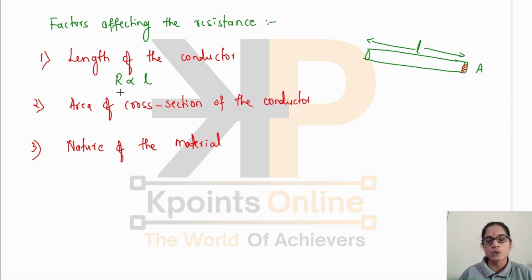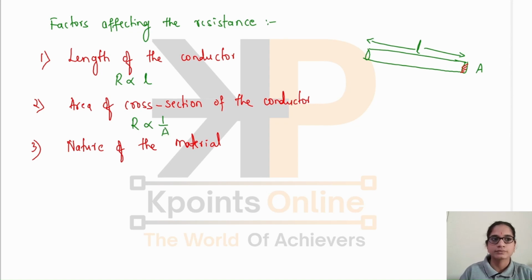Less the area of cross section, more will be the resistance. Because as a conductor has a large cross sectional area, it will allow a large amount of charges to pass through it. So it offers less resistance when it has more area of cross section, and vice versa. So the resistance is inversely proportional to area of cross section.